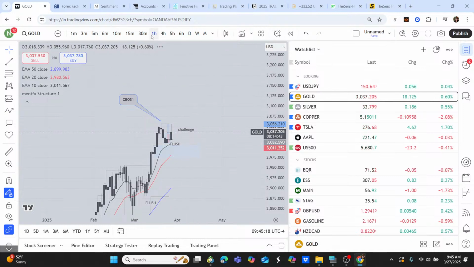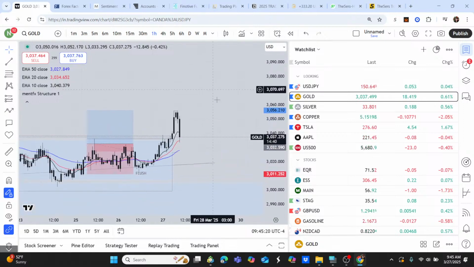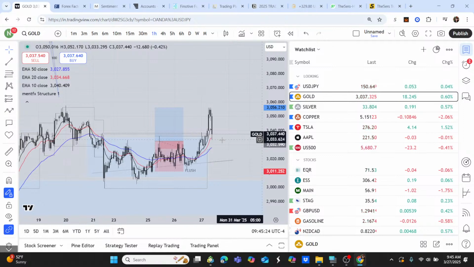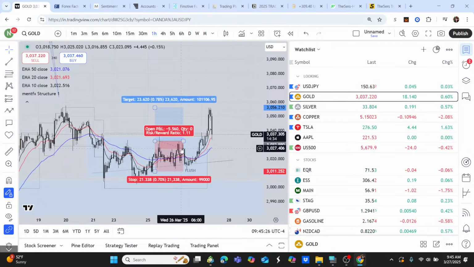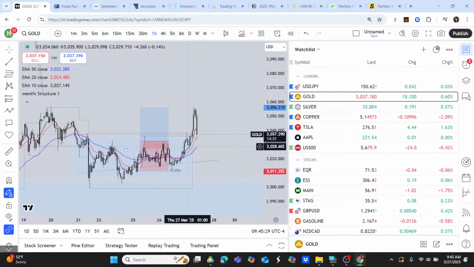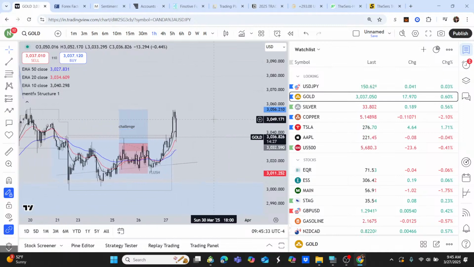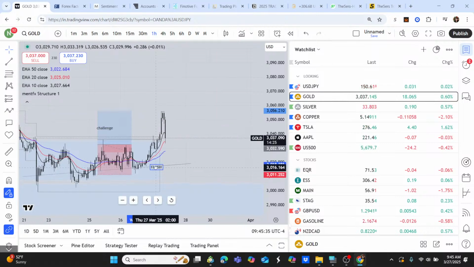So let me go on to 1 hour real quick to validate what I'm seeing. I'm still in this trade, so I'm moving this over right here. All right, so we had a flush right here.